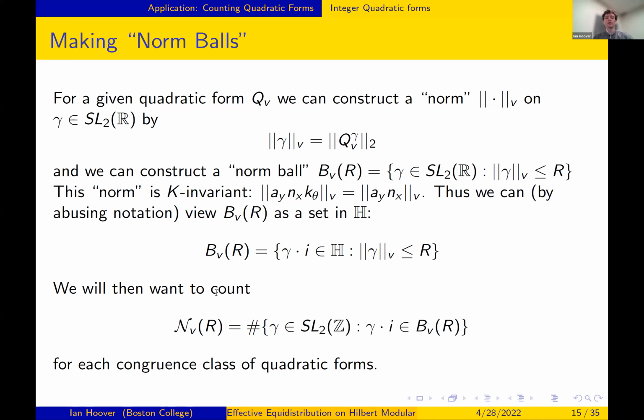So if we pick a V, an element representative of each congruence class of quadratic forms, we can then count the number of matrices that lie inside this norm ball R on our homogeneous space, which correspond to the lattice points of our SL2Z action.